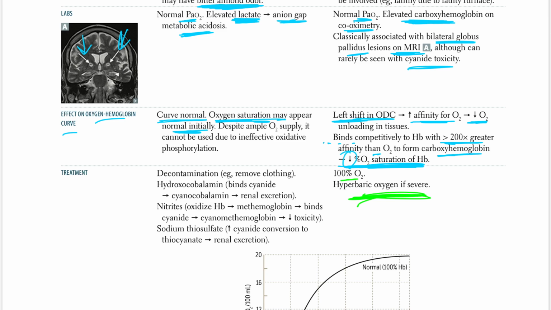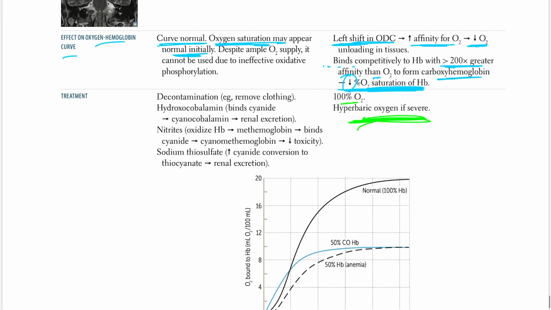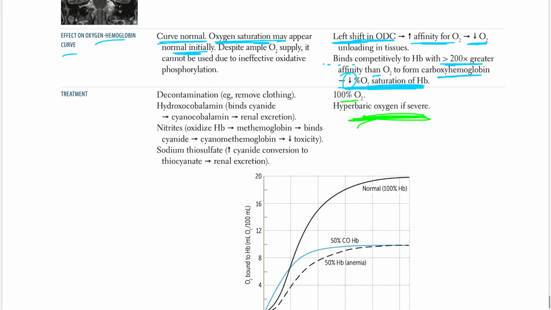That's another differentiating feature. In the treatment, we are going to treat cyanide poisoning via, first thing, decontamination, for example, removing the clothing. Then you can give hydroxycobalamin, which binds that toxin cyanide, makes cyanocobalamin and leads to renal excretion.